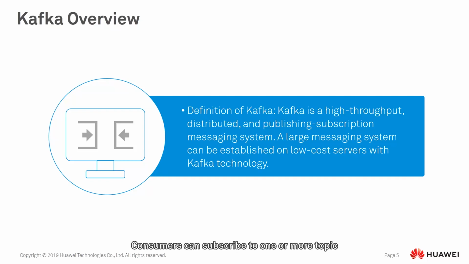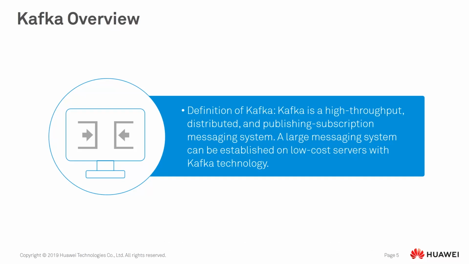Consumers can subscribe to one or more topics and consume all the messages in that topic. A real-life example is Dish TV, which publishes different channels like sports, movies, music, and so on, so anyone can subscribe to their own set of channels and get them whenever their subscribed channels are available.